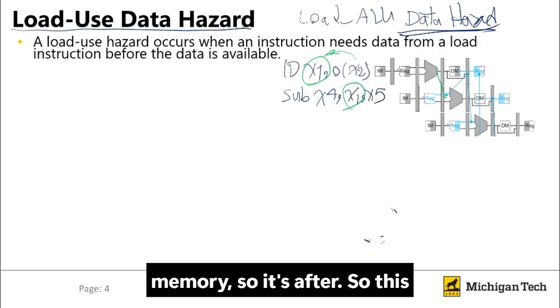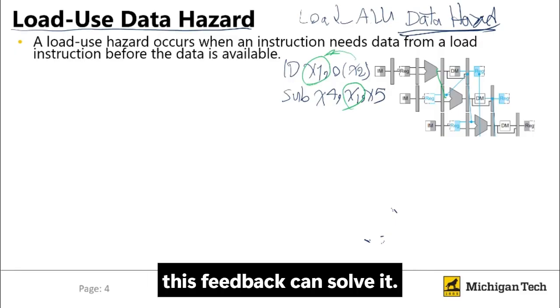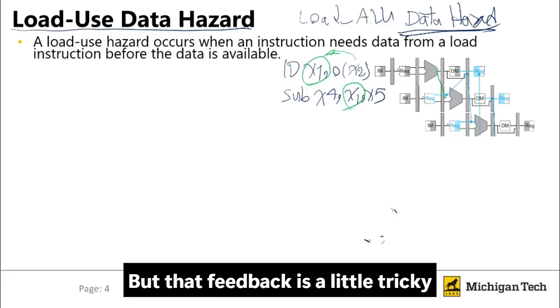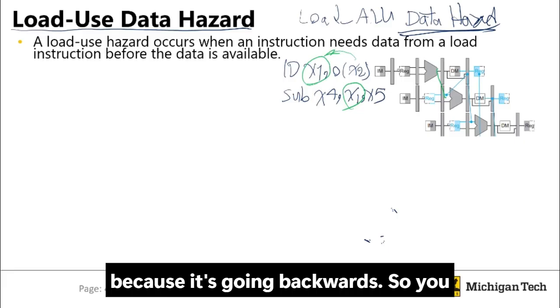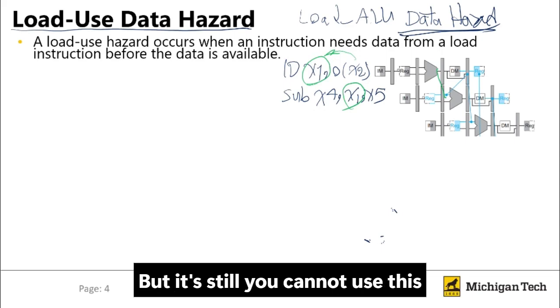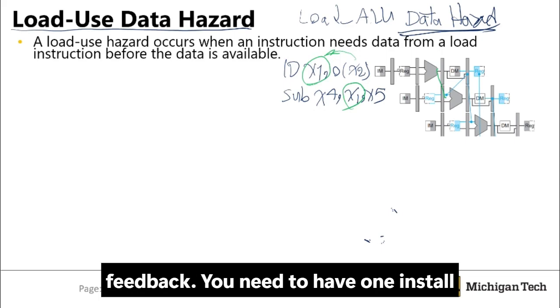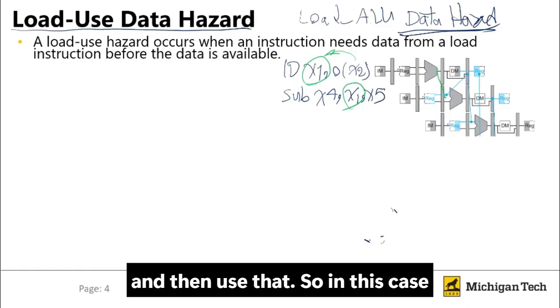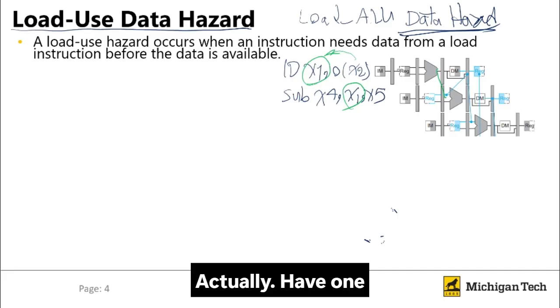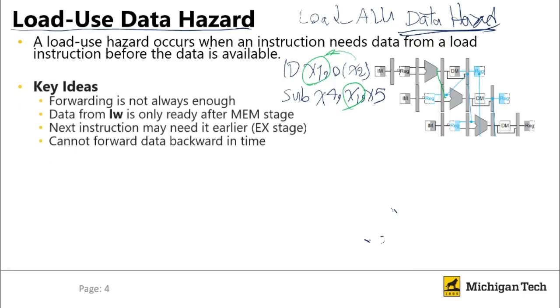So this other feedback can solve it, but that feedback is a little tricky because it's going backward. You need to have that feedback, but still you cannot use it directly. You need to have one stall and then use that.